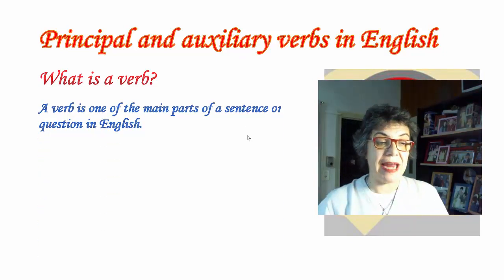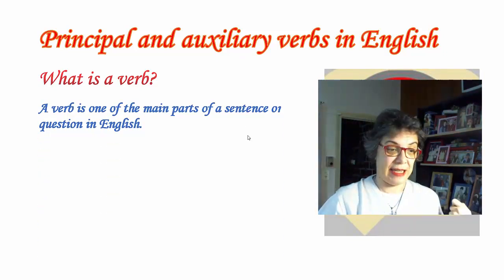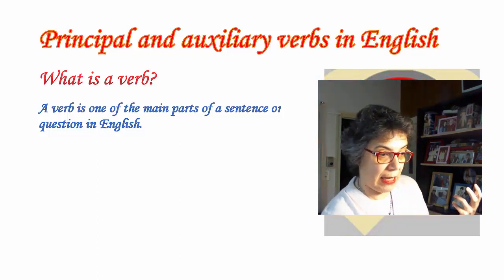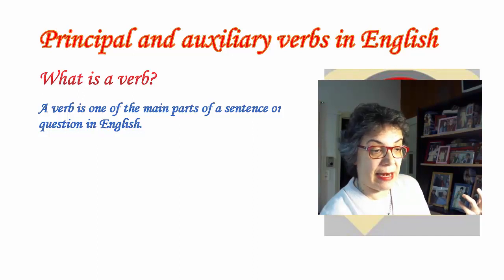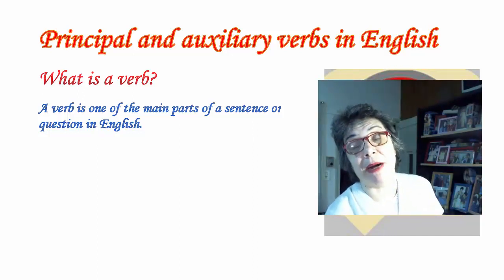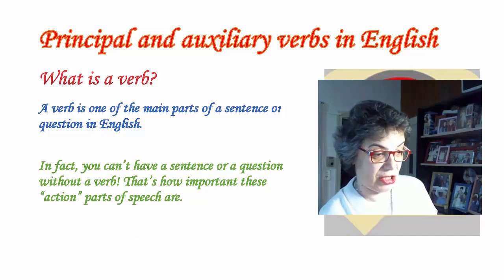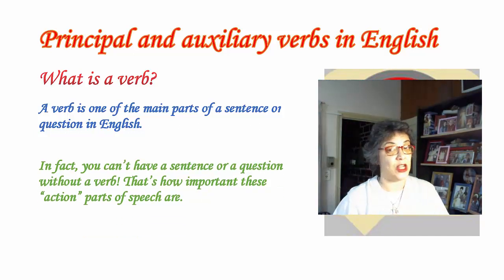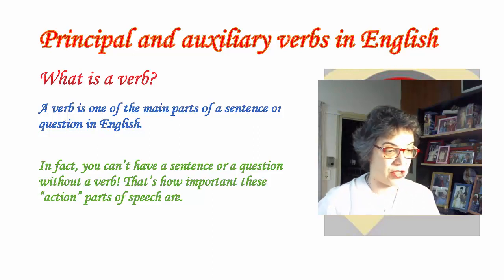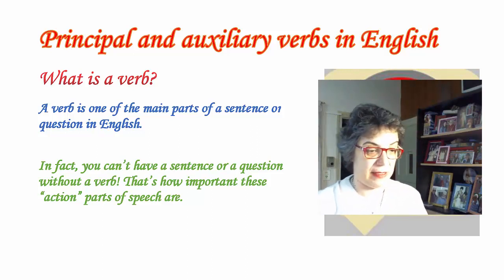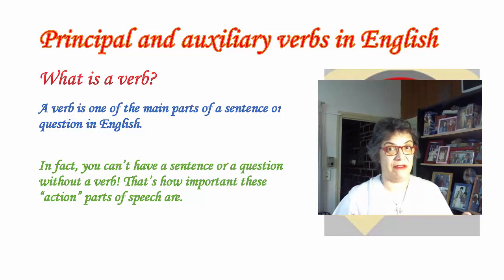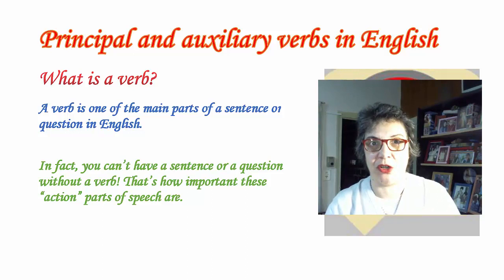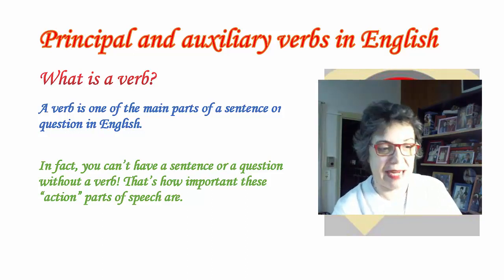Well, a verb is one of the main parts of a sentence, as I said before. The principal part of a sentence or the principal part of a question in English. You can't have a sentence and you can't have a question without a verb. That's the reason why the verb is really important. It's the action when you speak.